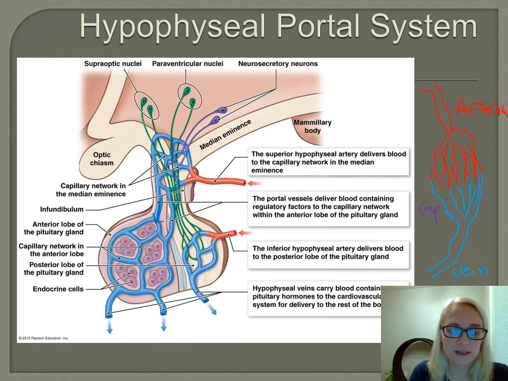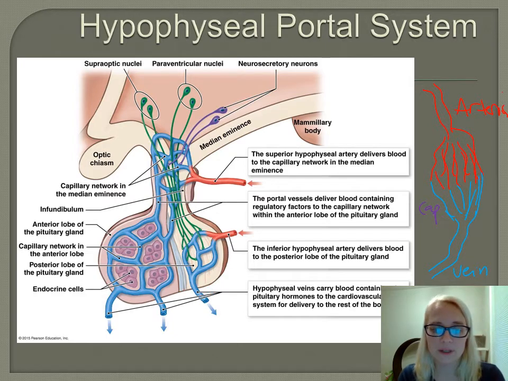But the idea is we have 2 capillary systems because if you remember, one of the functions of the hypothalamus to regulate the anterior lobe was to secrete hormones, to stimulate it hormonally.